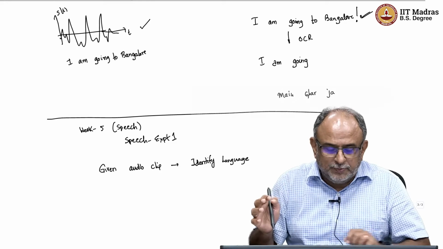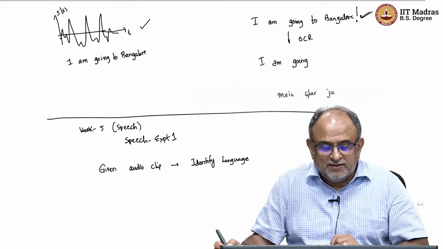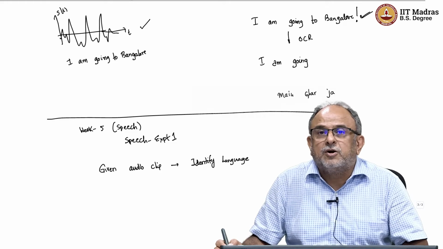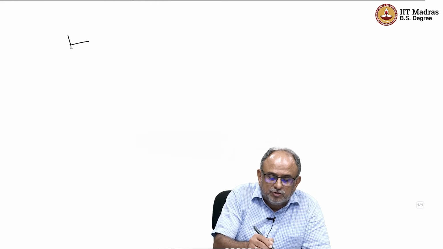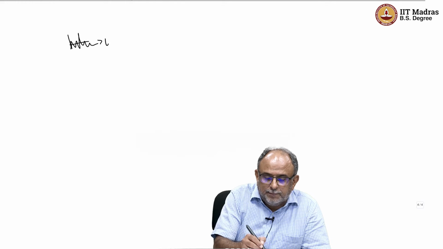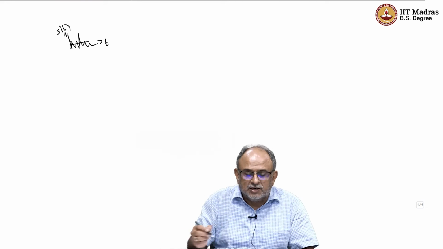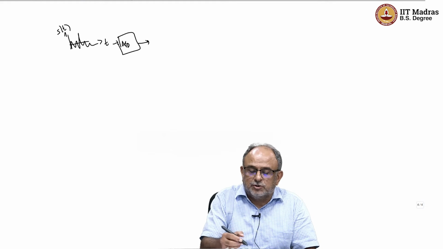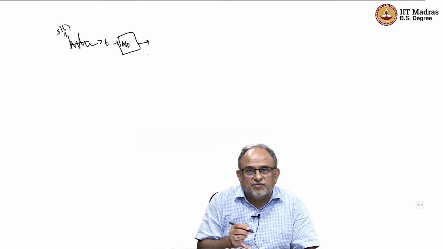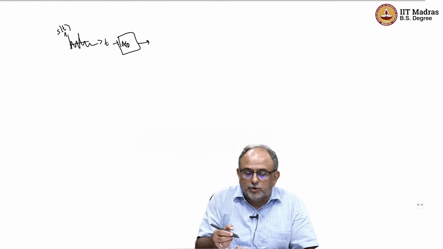So, given a basic audio clip, can I do something about language identification? Okay. So, this is basically a pattern classification problem. The task is very simple. We have some audio clip which is a speech signal. In practice, this continuous time speech signal will be converted through an analog to digital conversion to a sequence of numbers. Okay. So, this is some sequence of numbers that will be fed into a computer.